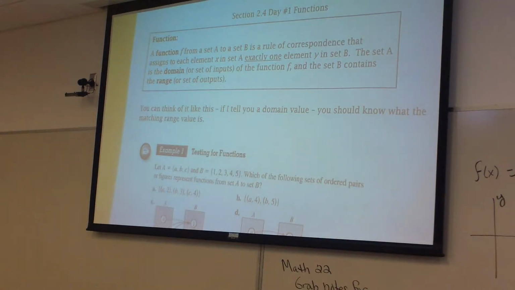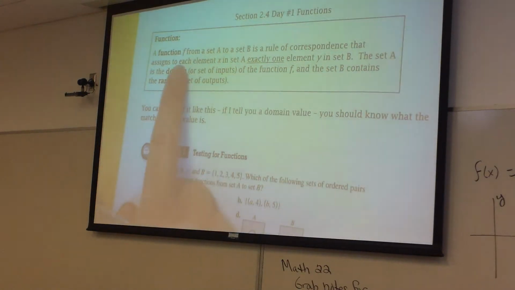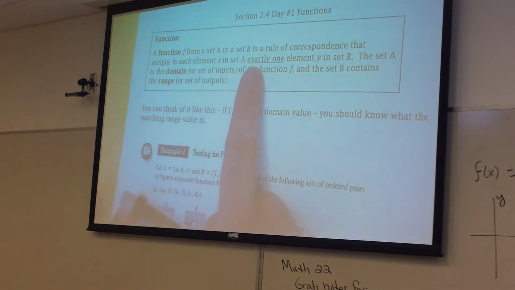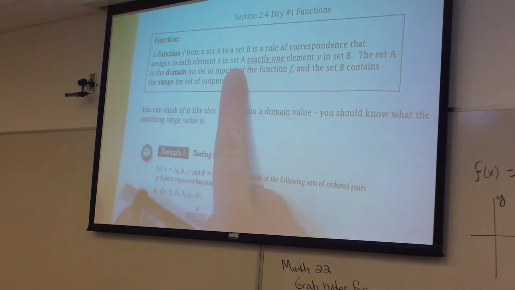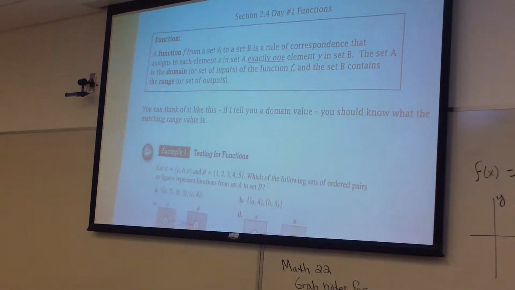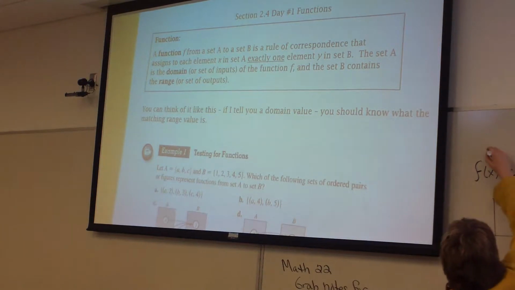But the rule itself for how that works is now going to have a little different name. It's either f or g or h, some other kind of a letter. And it's going to take one value from set A. So set A would be my x values.